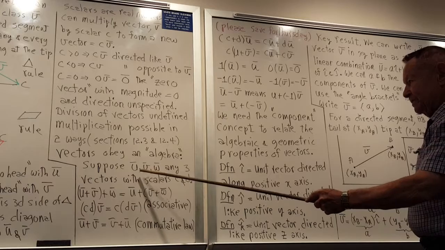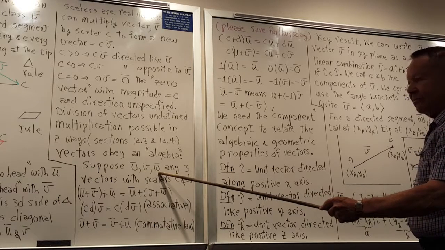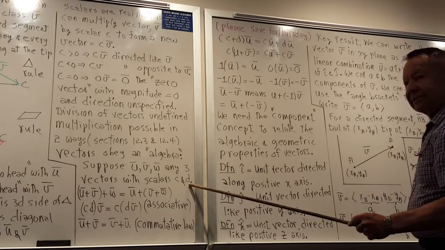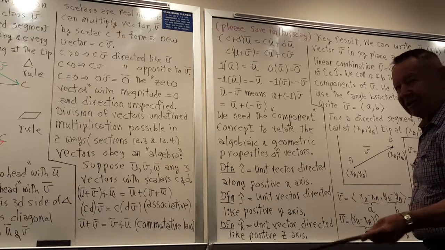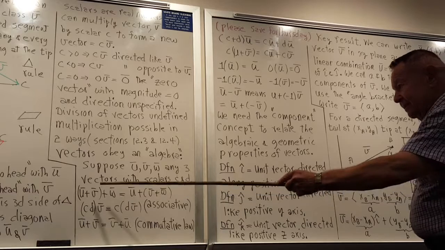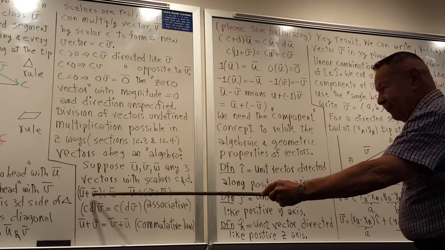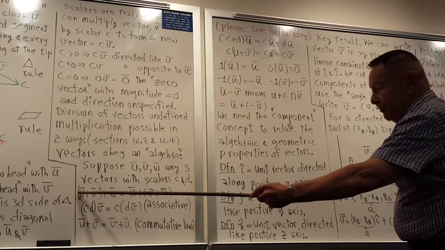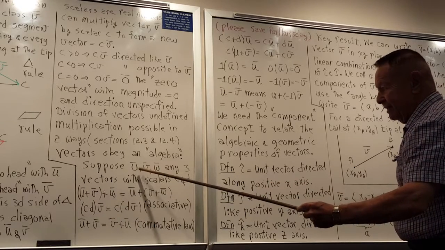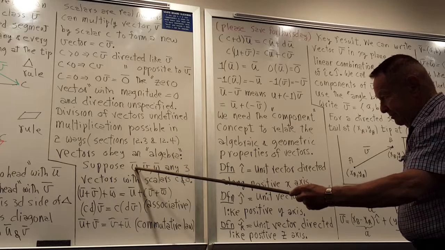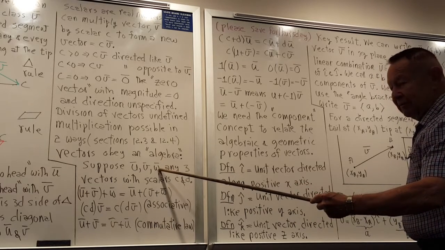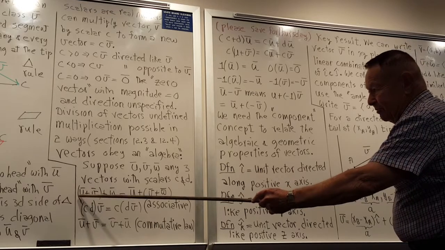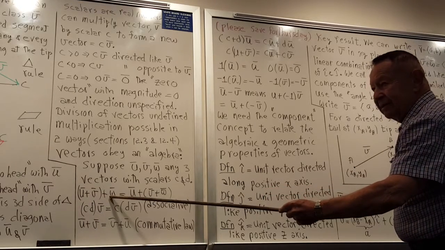So suppose these are any 3 vectors, and then C and D are scalars, real numbers, in other words. So we have what is called the associative law, that if you're applying the operation plus to the things that you call your vectors, you can apply the operation to 3 of them in any order.